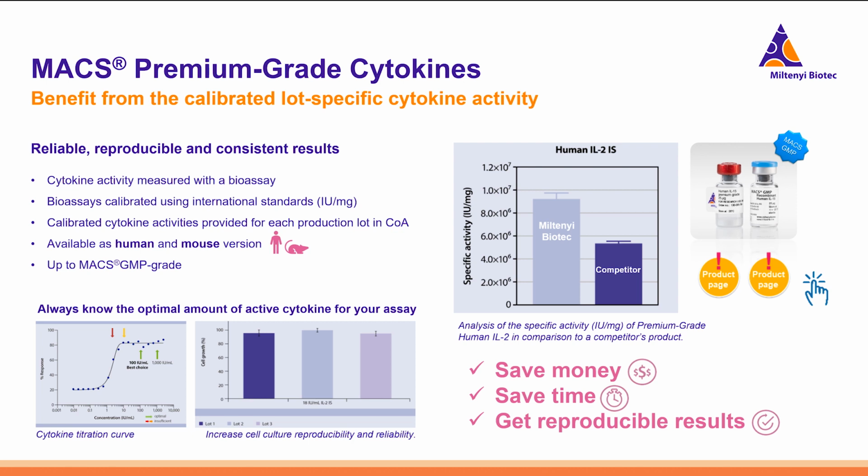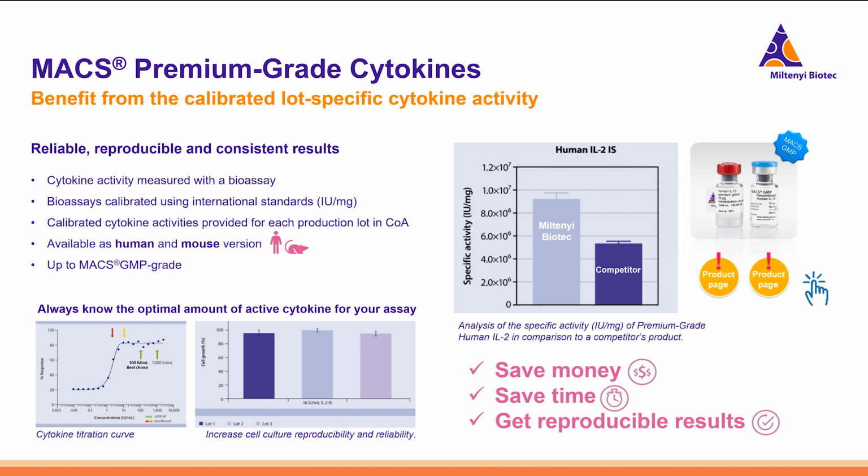In addition, at Miltenyi, bioassays are calibrated with international reference substances whenever such a standard is available. This means that the reference substance with known activity is run in the same assay as our product. This allows us to obtain reliable calibrated cytokine activities.